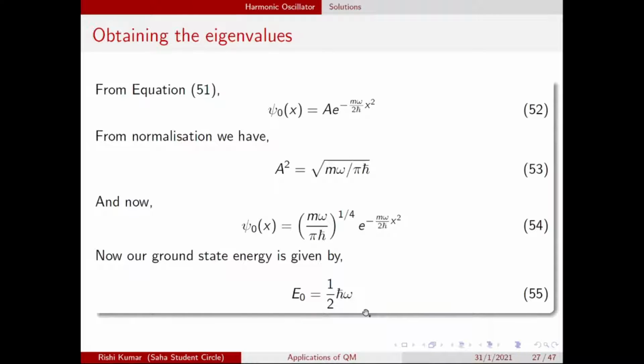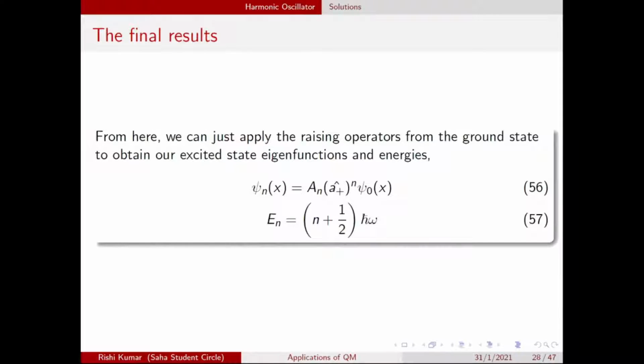From now on, we're just going to do a simple trick and use our raising and lowering operators. To get our excited states, up to the nth excited state, we can simply use this operator, a plus, acting on our psi naught wave function to get all of the excited states of our harmonic oscillator.